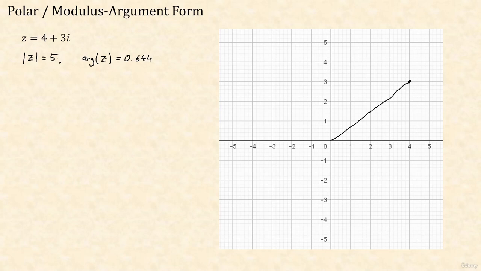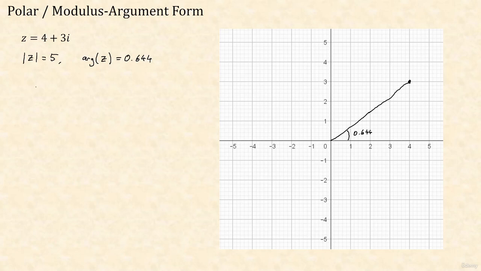Because if you know a complex number's modulus and its argument, you know everything there is to know about this number. If I know that its argument is 0.644 and I know its length is 5, then I know where this point is.